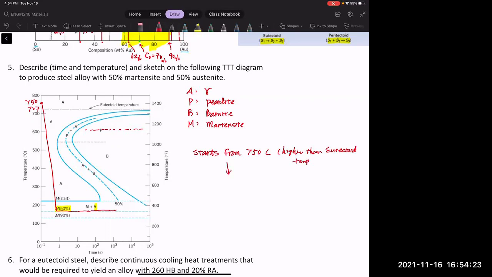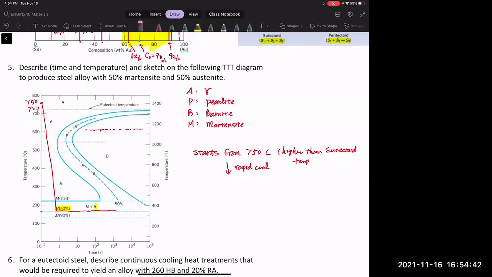And then you're going to rapidly cool to what? To this temperature here. So this temperature, I would say, is about 260.